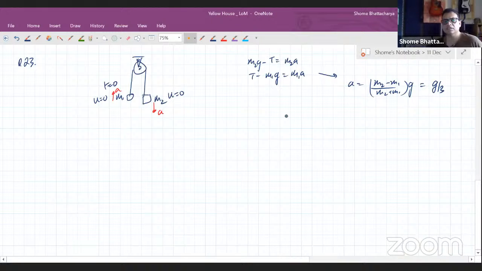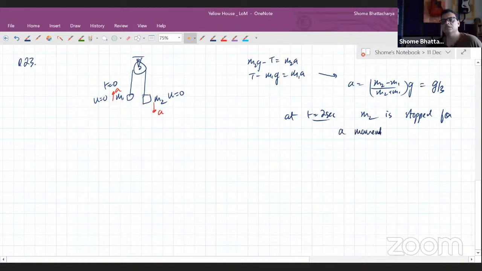Now in this question it's saying that at t equal to 2 seconds, the mass m2 is stopped for a moment, just for an instant it is stopped and released. So after how much time will the thread become tight again?